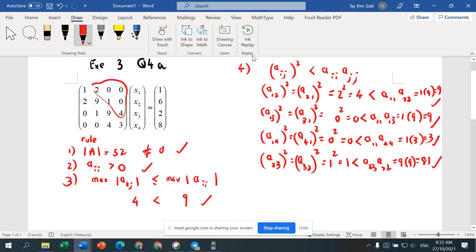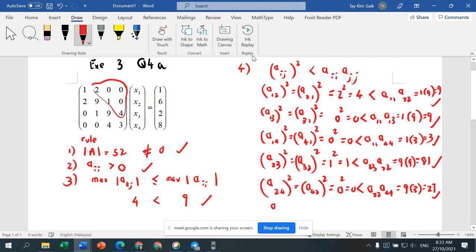So satisfied. Two more to check. A24 squared is equal to A42 squared, which is 0 squared equal to 0. Is it less than A22 times A44? A22 is 9, A44 is 3, so 9 times 3 is 27. It's true that 0 is less than 27.